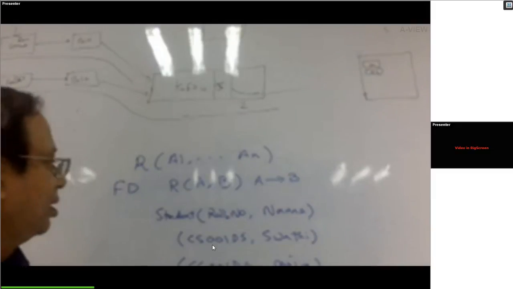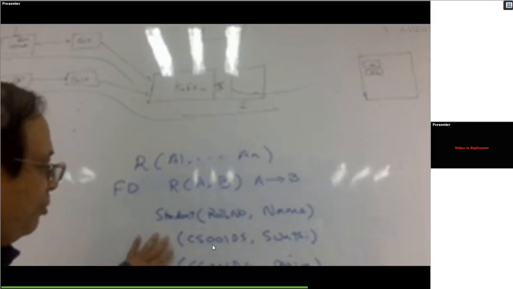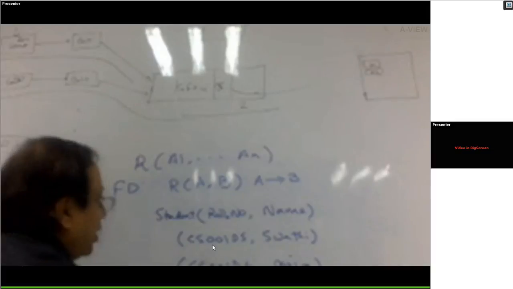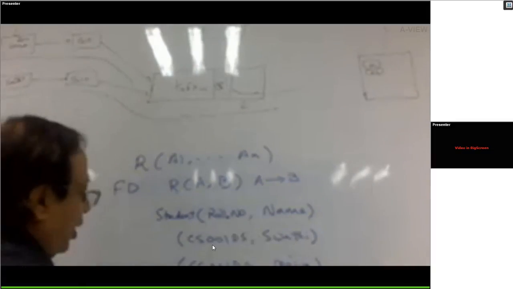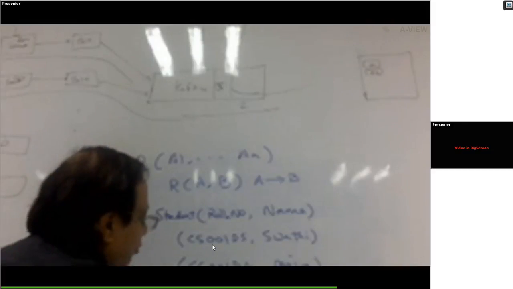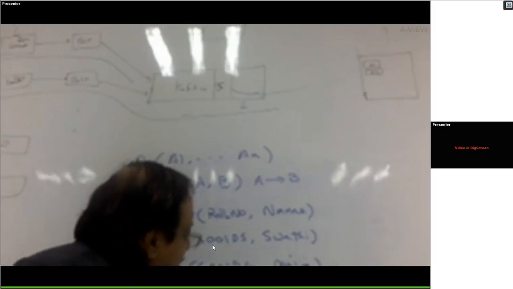What is not permitted by this functional dependency is the following. If the value of roll number is the same, D5, you can't put a name like Maya.